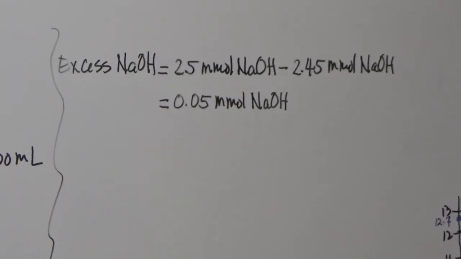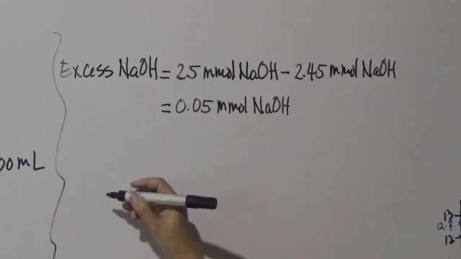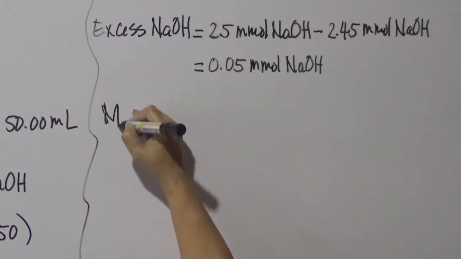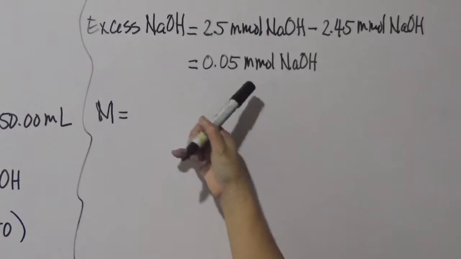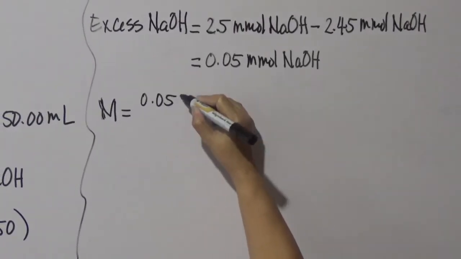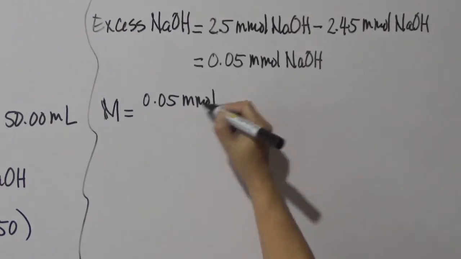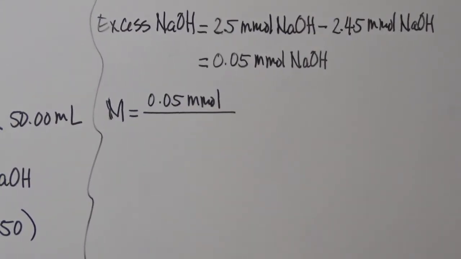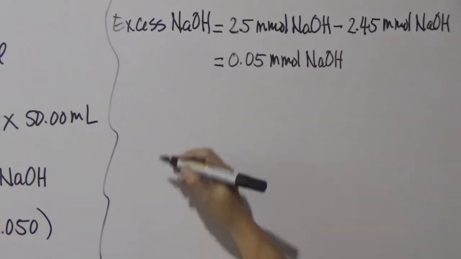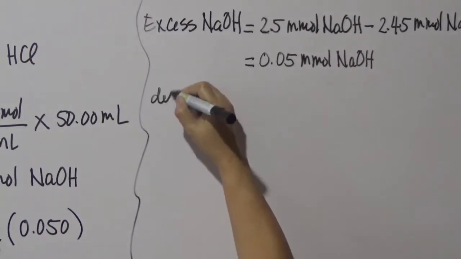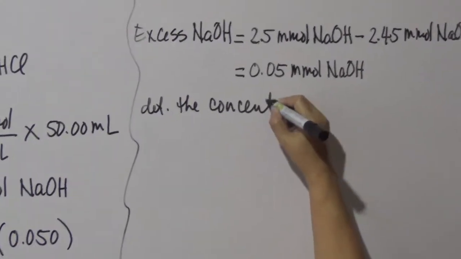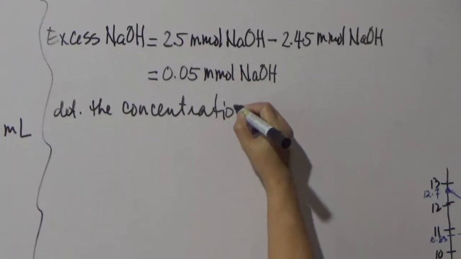So we have to determine the concentration. The molarity of the solution is the number of moles, 0.05 millimole, divided by the total volume.